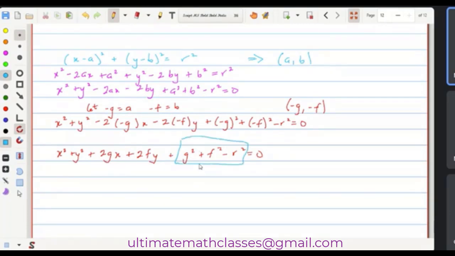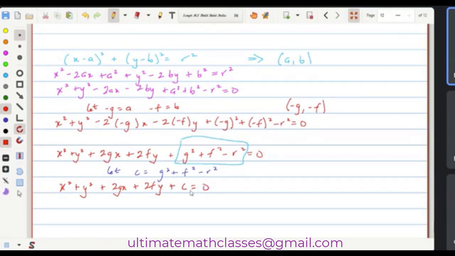I'm going to let a variable, c, represent everything: g squared plus f squared minus r squared. With that, I can now write the equation as x squared plus y squared plus 2gx plus 2fy plus c equals 0. This is easier to remember or recall.